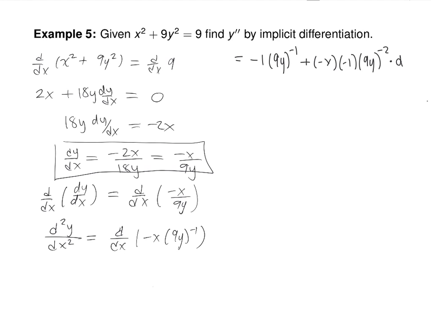Does that make sense? Why the 9? Because the derivative of 9y, if it were 9x, its derivative would be 9, right? But since it's 9y, it's 9 dy dx. I did it again. 9 dy dx. So negative 1 over 9y plus x over 9y squared times 9 dy dx.